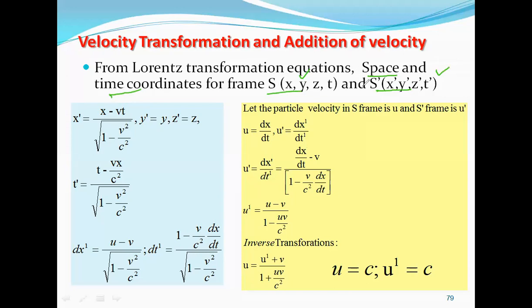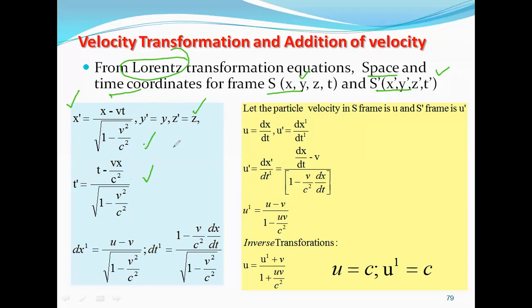According to Galileo we don't have the denominator term, but according to Lorentz, as we discussed in the previous classes, x prime equals x minus vt over the root of 1 minus v square by c square, y equals y prime, z equals z prime, and t prime equals t minus vx by c square over the root of 1 minus v square by c square. Up to there we have discussed previously.